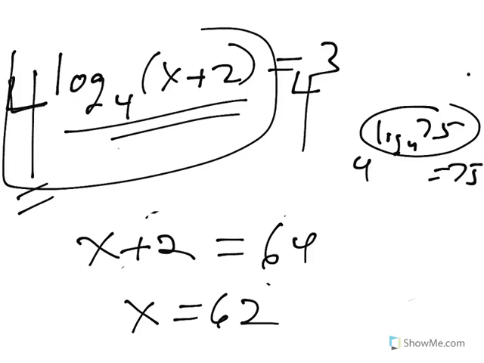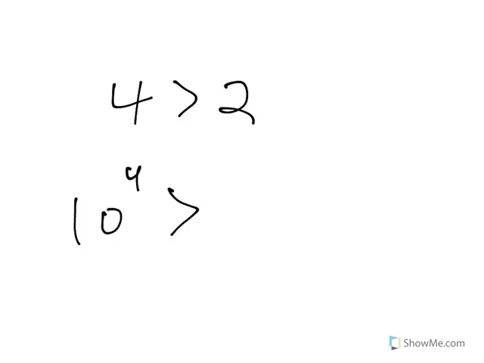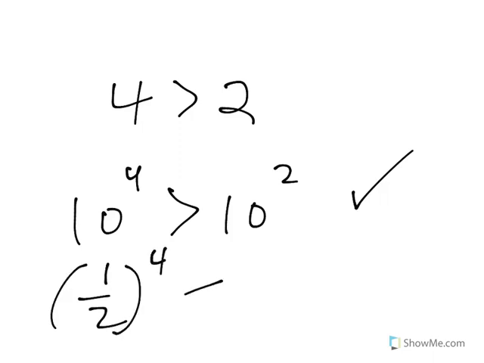So with this method of sticking the giant 4 there, we have to be a little careful. Yes, 4 is bigger than 2, and if I raise 10 to the power of 4, it's bigger than 10 to the power of 2, so that's true. But if I raise 1/2 to the 4th power, it's actually less than 1/2 squared.